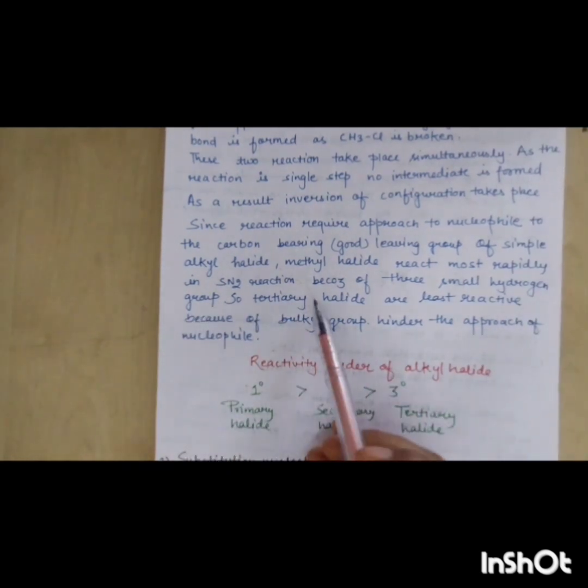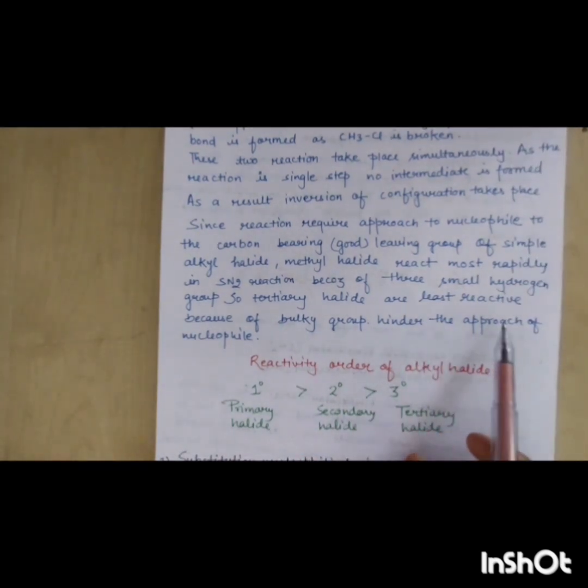Of simple alkyl halides, methyl halide reacts most rapidly in the SN2 reaction because there are three small hydrogens, and this is an important point, that when a small group is present, then the reaction takes place rapidly. So tertiary halides are least reactive because of the bulky groups, or you can say steric hindrance, so the nucleophile cannot approach the bulky group.